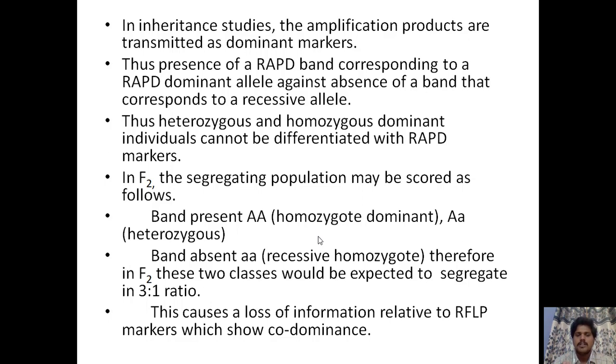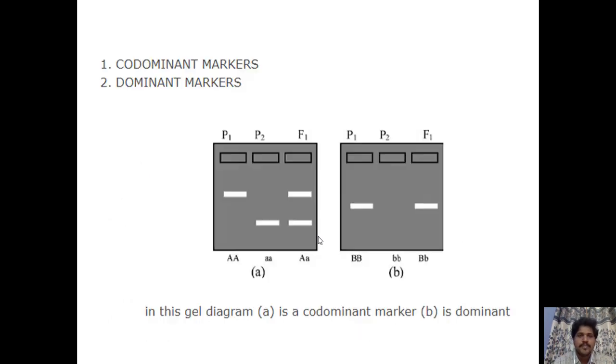Therefore, in the F2, these two classes would be expected to segregate in a 3:1 ratio, and this causes a loss of information relative to RFLP markers, which show codominance. RAPD shows dominant action. The difference between a codominant and a dominant marker is shown in this picture.